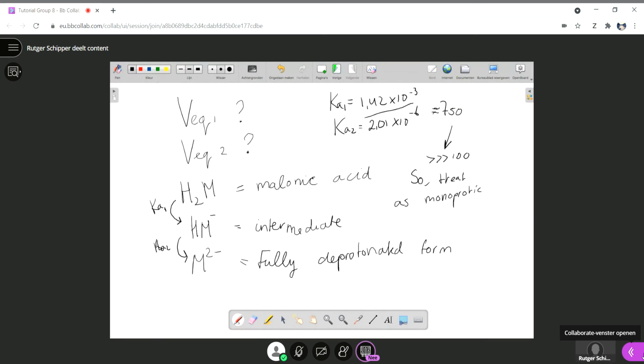I will write it down very shortly, not with the formula, just with the simple numbers. So we have 50 milliliters, right, of malonic acid, and the molarity of the malonic acid is 0.05 molar.